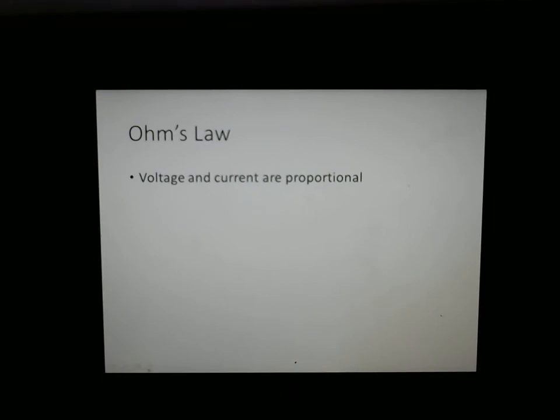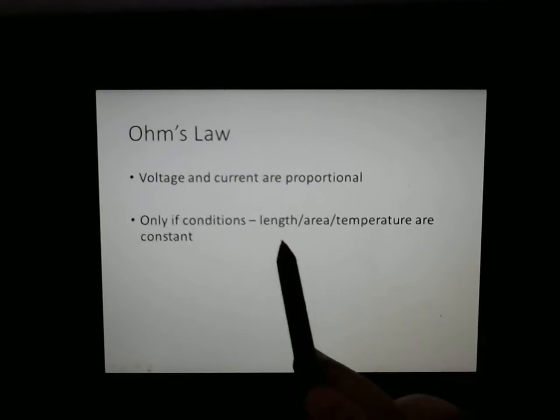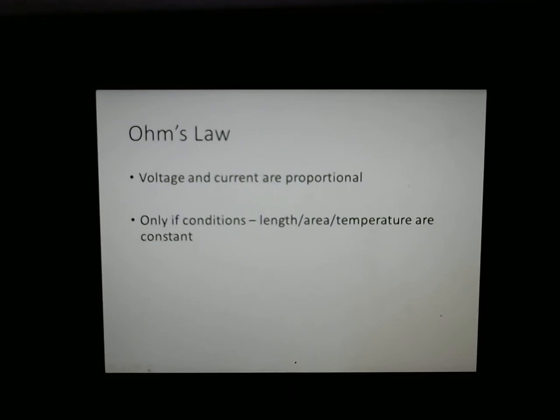That means he had to use the same length, the same area, and most importantly, the same temperature, because length and area, yeah, if you heat up a material, it gets slightly bigger, but for small lengths, it's not going to be a significant amount, but temperature's kind of a big deal. It will change. Now, while Ohm didn't do it, he did get the naming rights for it, and that's why we measure resistance in ohms.